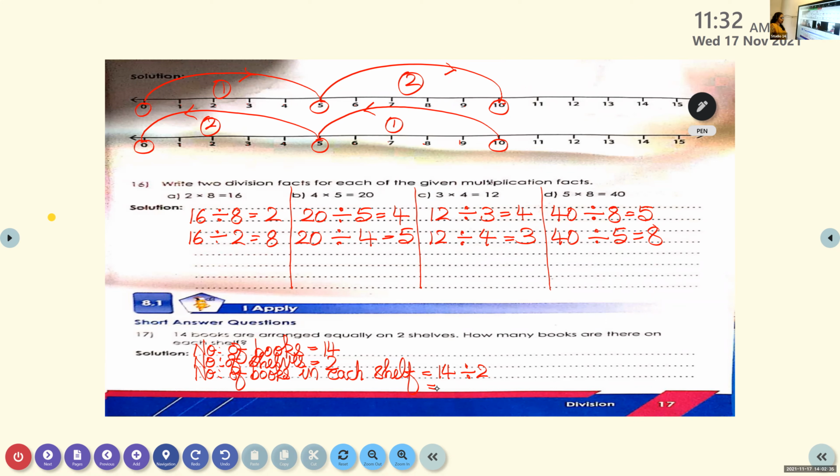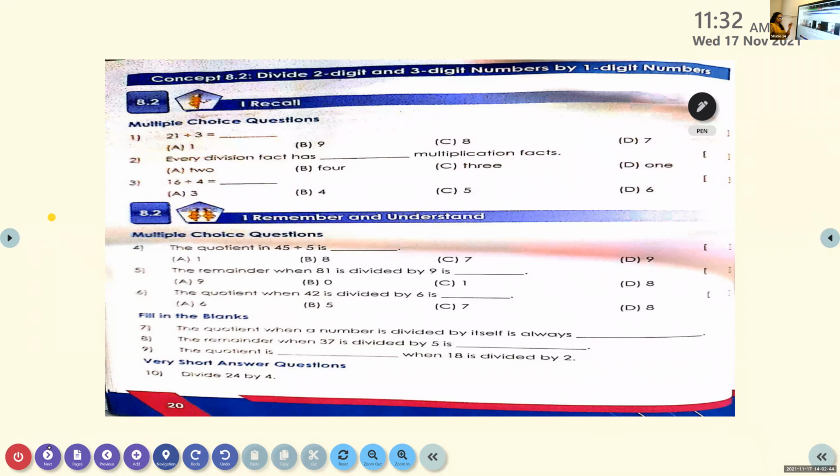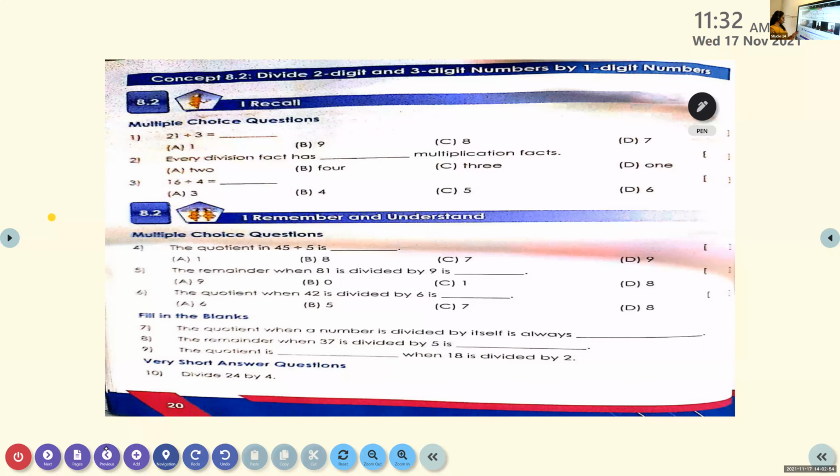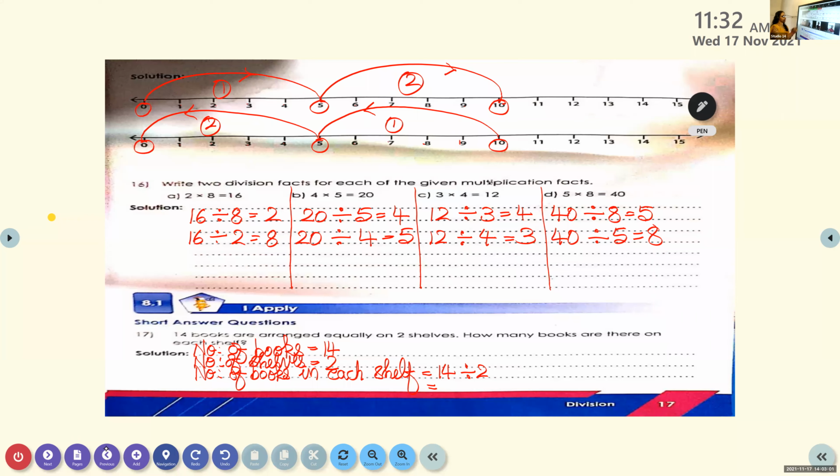And look here, children. All of you look here. After page number 17, I have page number 20 with me. Page number 18, 19 are missing in my book. So in your book, there is place given for doing the division, isn't it?